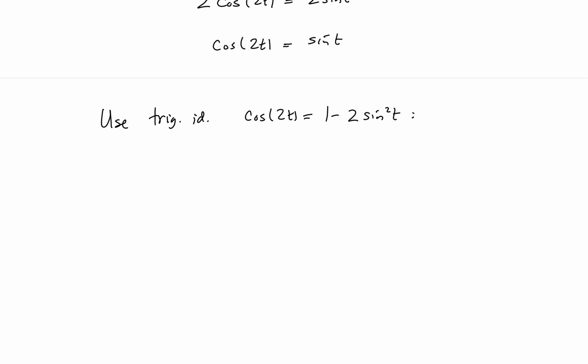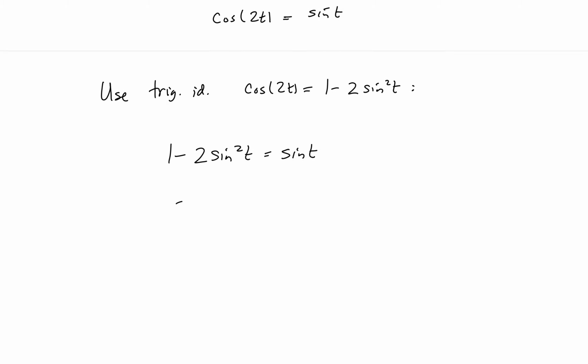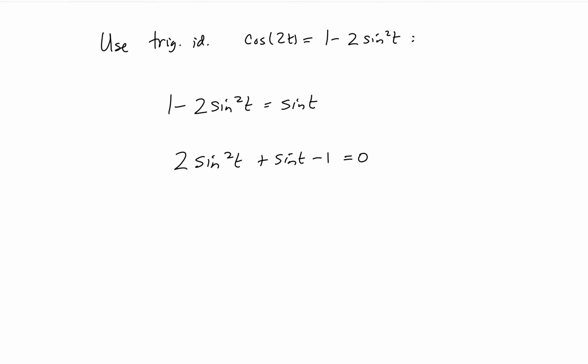So if I plug that in, I get 1 minus 2 sine squared of t is equal to sine of t. And so bring everything to one side, so I have 2 sine squared of t plus sine of t minus 1 is equal to 0. And now I can factor this: (2 sine t minus 1)(sine of t plus 1) is equal to 0.